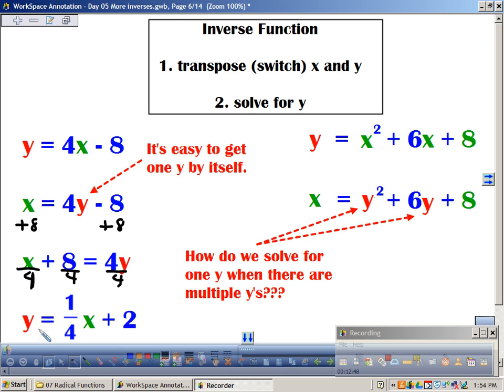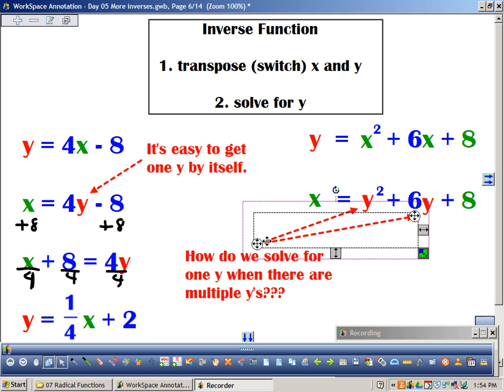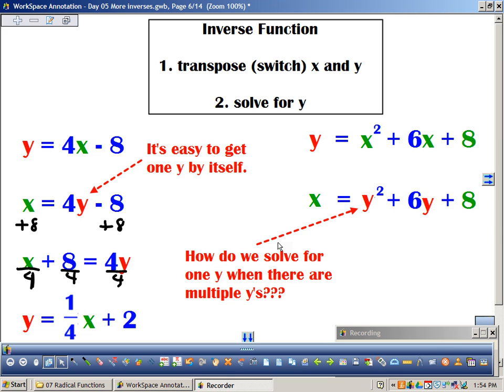Today, it's a little bit harder. If I have y equals x squared plus 6x plus 8, and I switch x and y, I've got 2 y's now. How am I going to solve for y when I've got 2 y's? So I'm going to take this off. Actually, I'm just going to duplicate the slide when I do that.